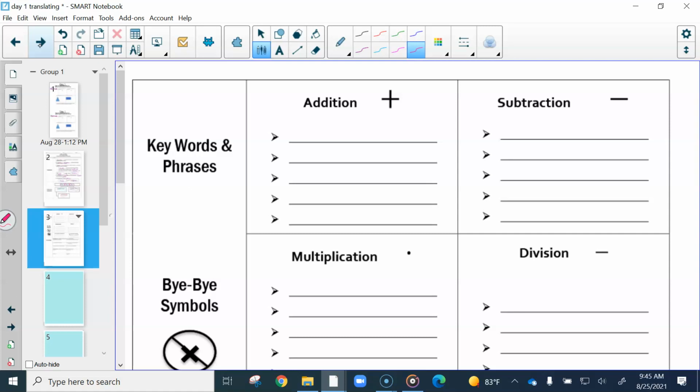When you think of the word addition, what words come to mind? What words remind you of addition? Adding. Plus. More. Some.